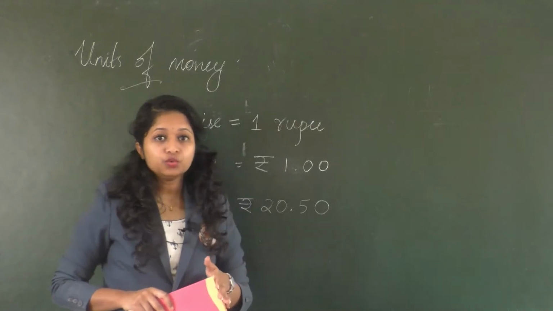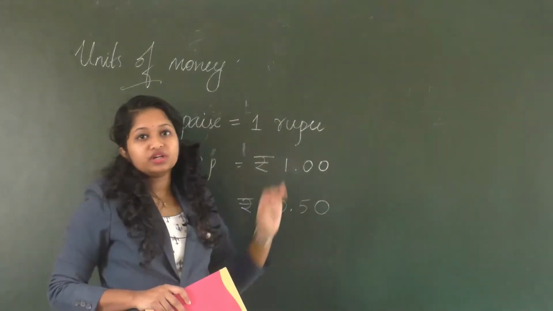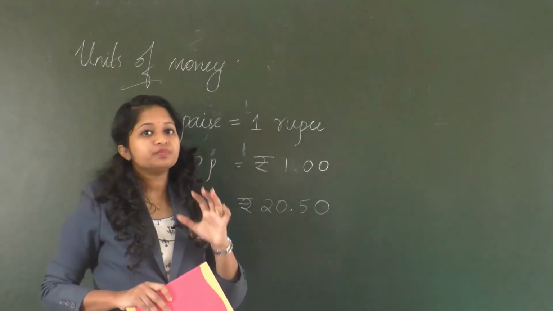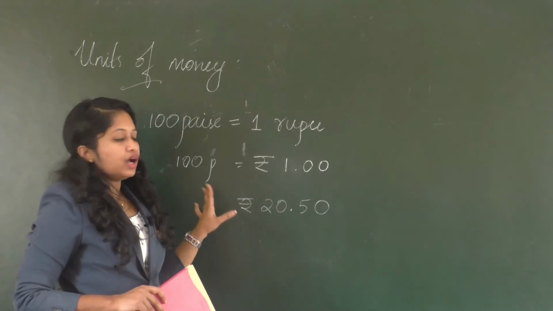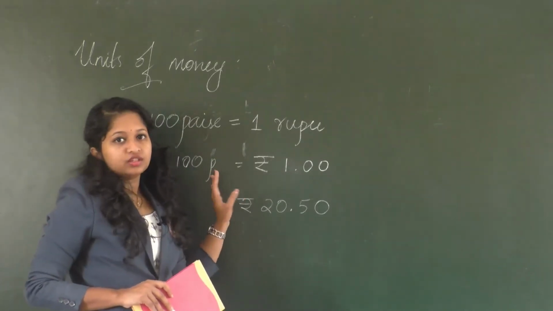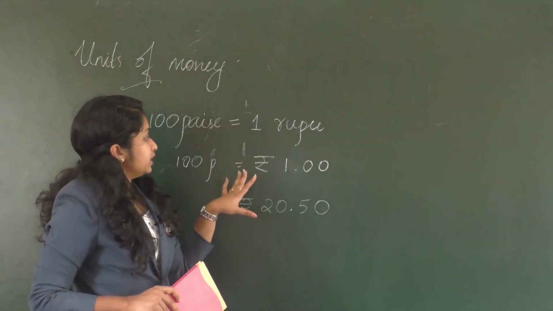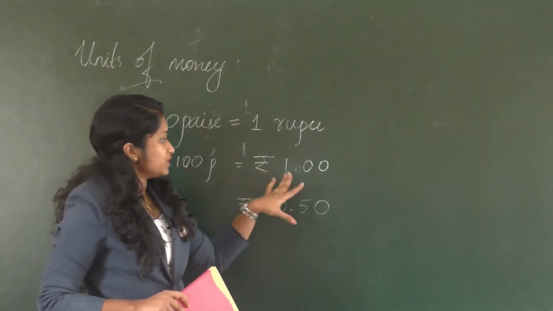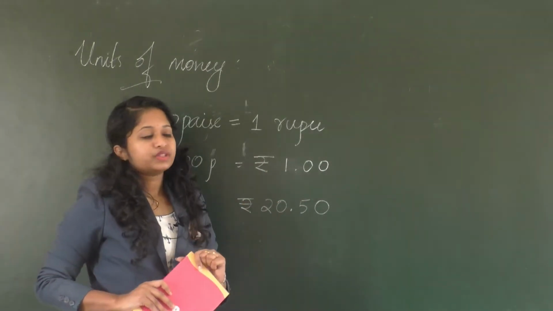So you already know that 100 paise is equal to 1 rupee. 100 paise makes 1 rupee. So it can be written as 100p. Instead of paise we can represent it as p. It is equal to rupees 1, and this is the symbol for rupees.